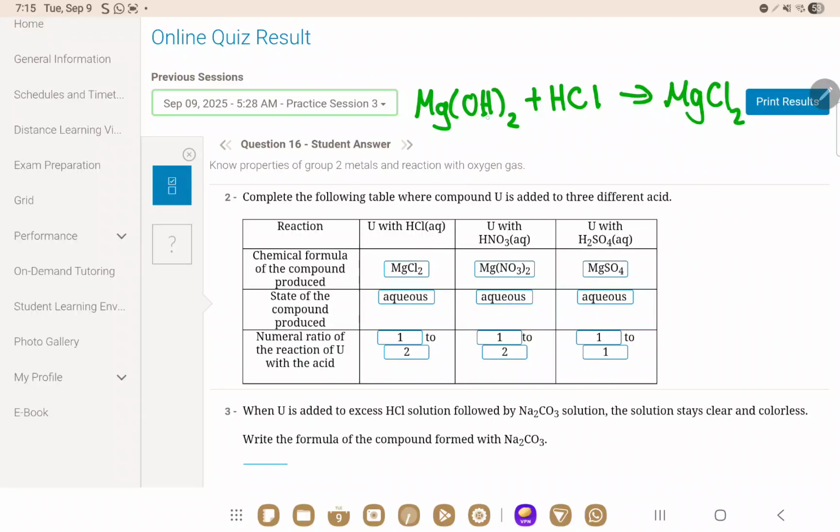Because when you have an acid and a base, you form a salt plus water. So the OH is going to react with the H to form 2H2O. Oh yeah, this question you actually need to balance. You need 2 HCl.